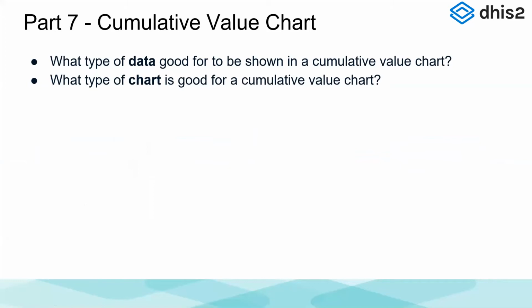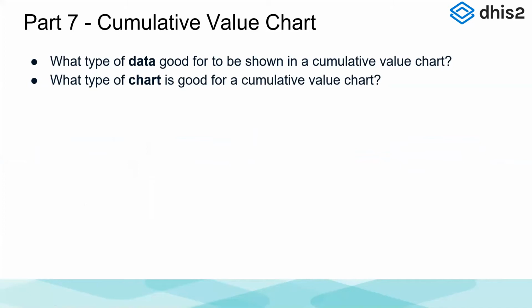So we will next look at, now things are getting a little complex because pie charts, gauge charts, single value, those are very easy. Now we are going to have a cumulative value chart. What do you mean by cumulative is things will get added on when you go along the x-axis.